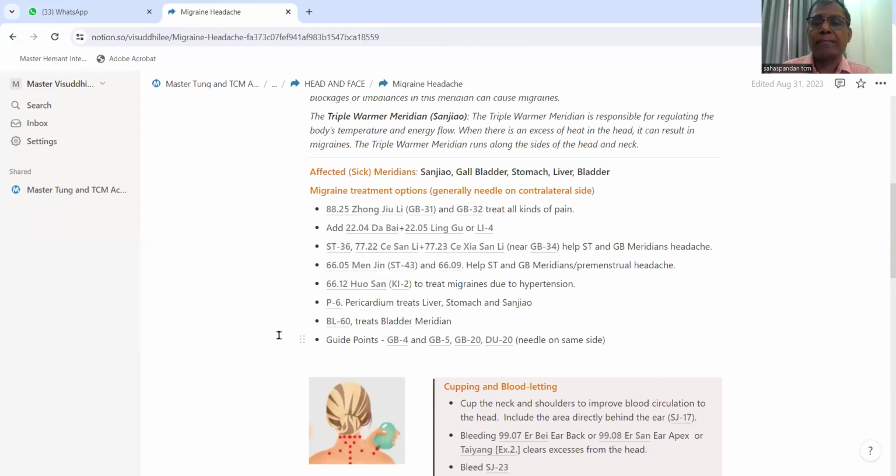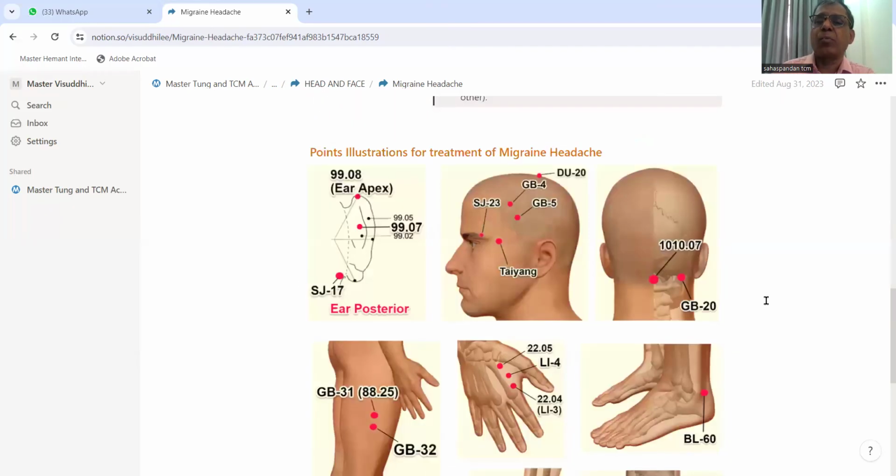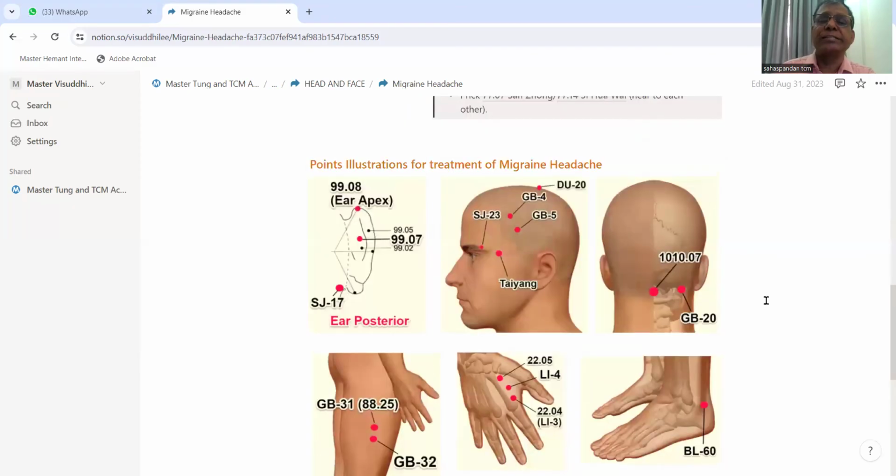For headache on the bladder meridian, UB60. And the local points for migraine headache are GB4, GB5, GB20 and DU20. Needle the same side as the headache. Okay, these are the points which I discussed with you.